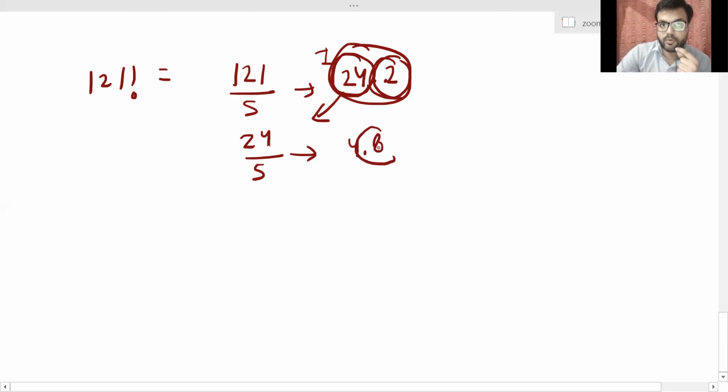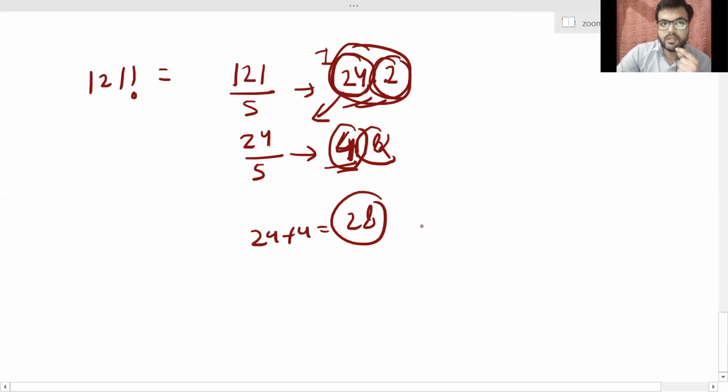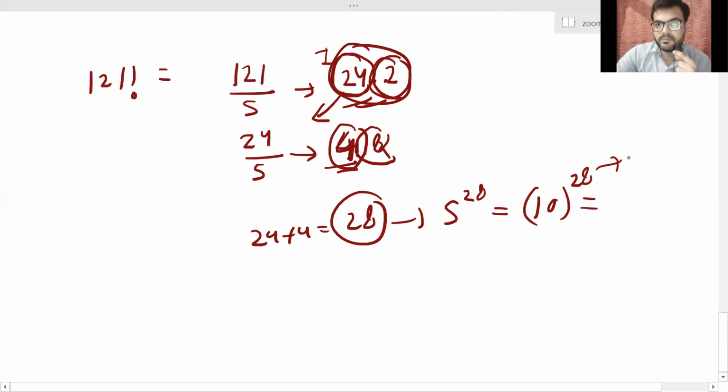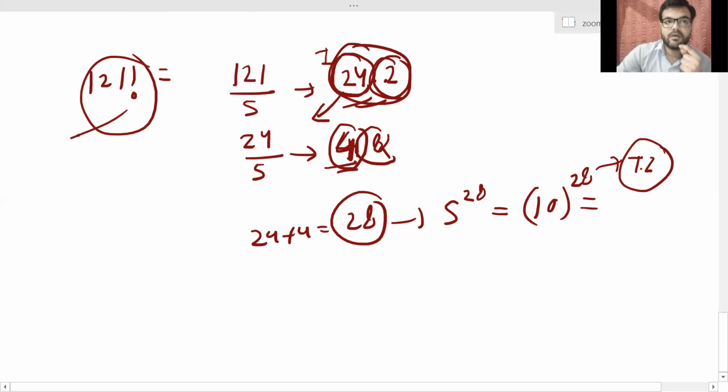You will have to ignore this 0.8, and you will only take this integer part, which is 4. Okay, so 24 plus 4. Now add these two integer parts, 24 plus 4, you have got 28. So the maximum power of 5 is 28, or you can say the maximum power of 10 is 28. And these are the number of trailing zeros you have in this 121 factorial.